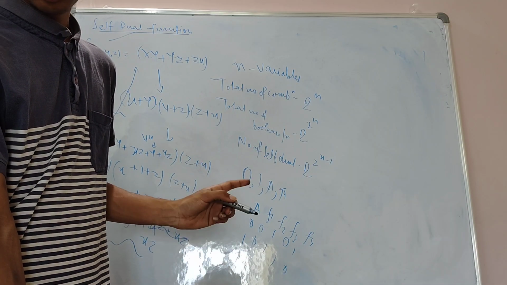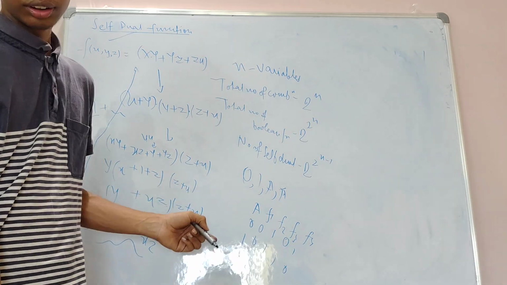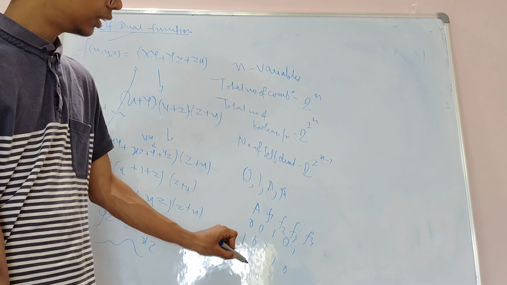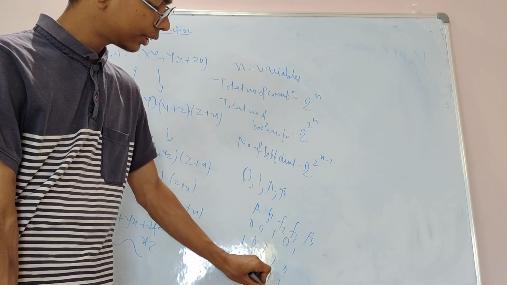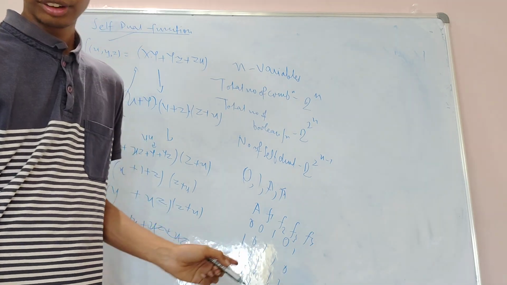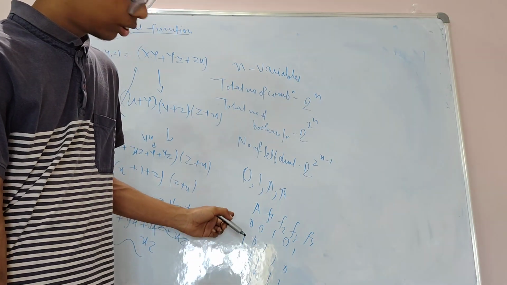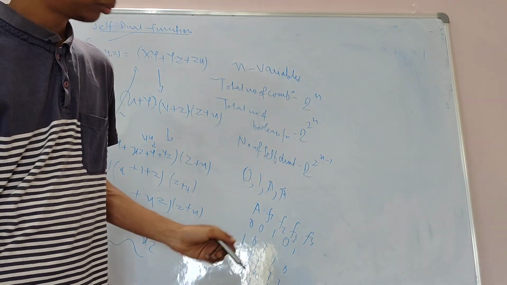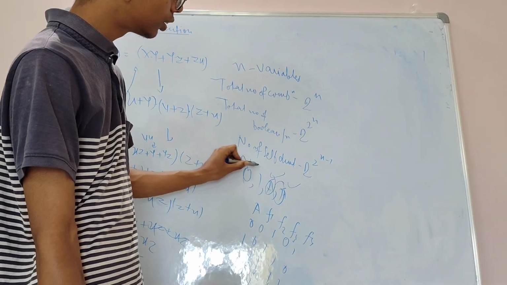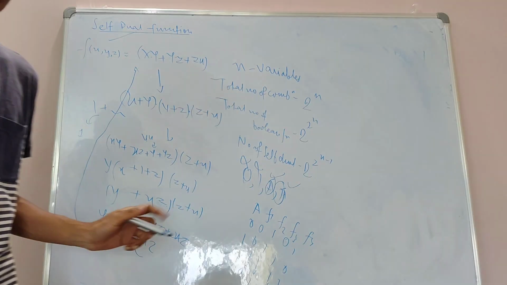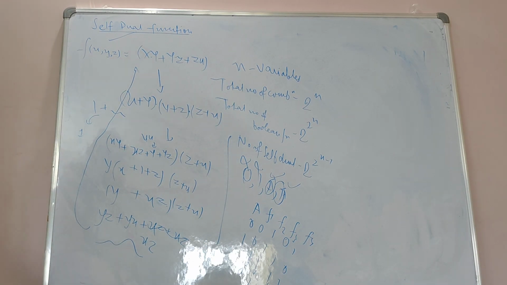Suppose I got now, right, this is 0, this is 1, this is a, and this is a bar, right? So for a and a bar it is a dual function, for 0 and 1 it is not a dual function, right? So this was an example. So this is all for today.